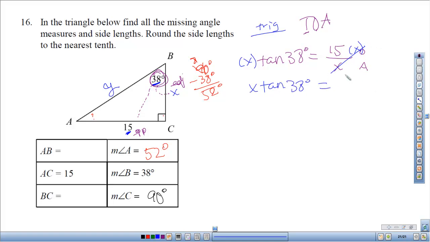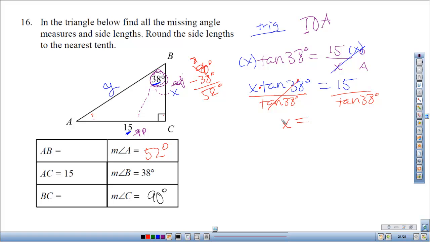What's left after I canceled those x's? 15. Okay, one step closer to having x by itself. X is still being multiplied by the tangent of a 38-degree angle, so I need to divide by that. And of course, if you do it on one side, you have to do it on the other. So those cancel, and x equals that right there.